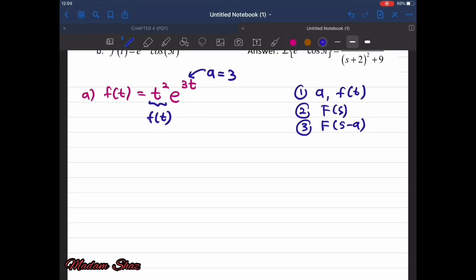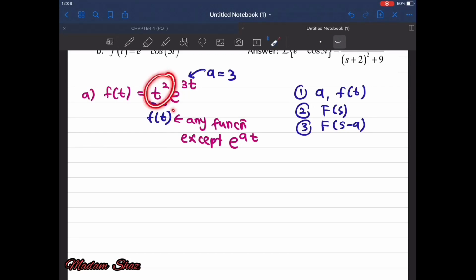So f(t) is any function except the exponent e^(at). That's why we take t to the power of 2 as our f(t). Now for the second step, find the F(s) from the f(t). Our f(t) is equal to t to the power of 2.